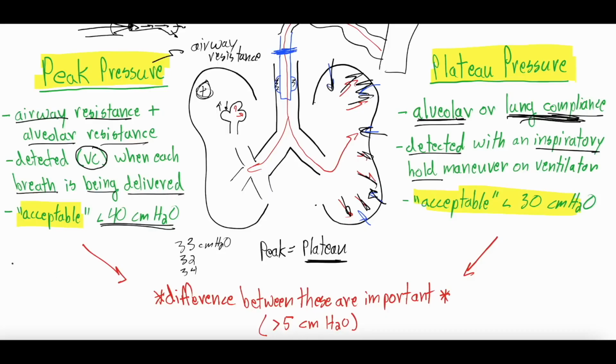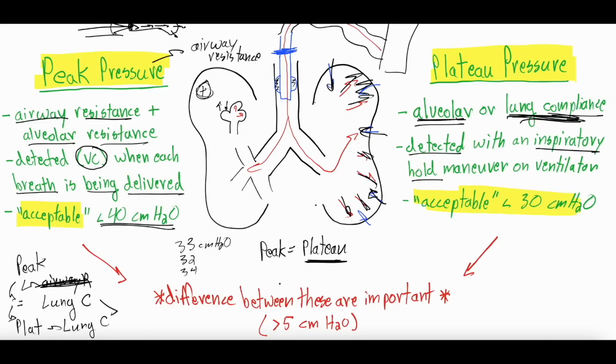Right? Does that make sense? So if the peak pressure is proportional to airway resistance, right, we'll just say airway R, and lung compliance, lung C, and we're saying the plateau pressure is proportional to lung compliance, if the peak equals the plateau, that just means that all the peak pressure is lung compliance and the airway resistance is not contributing.